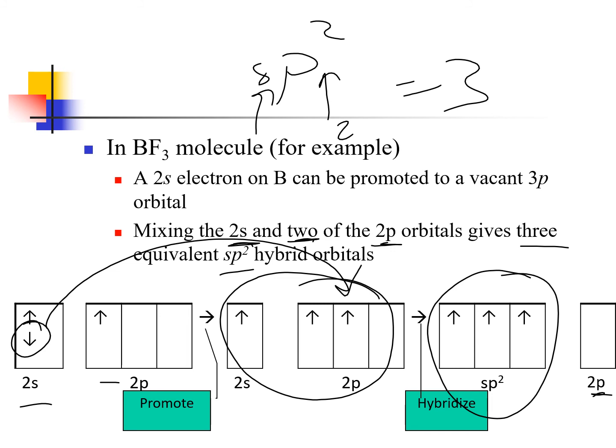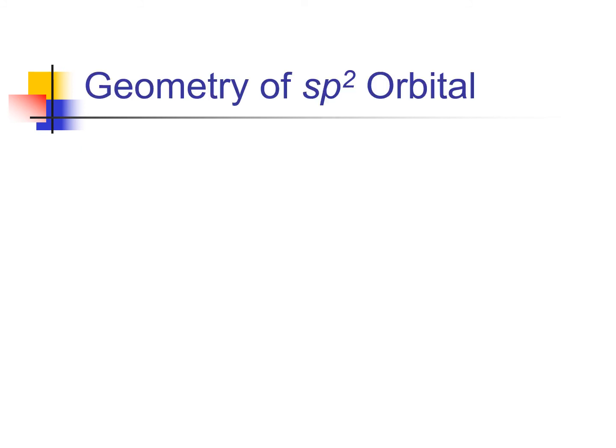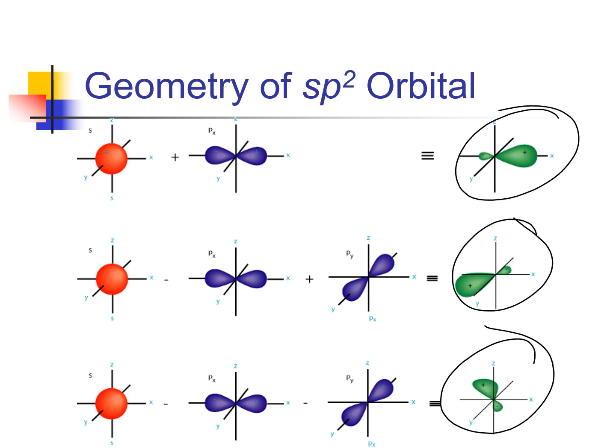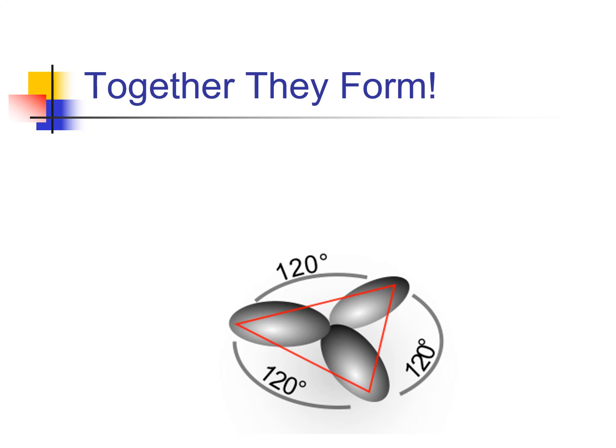Now, when you have sp2 orbitals, that's 3 orbitals mixing together, a single s and 2 p's, hence sp2. You're going to get 3 shapes off of this, 3 different angles. That looks confusing. Together, it looks like this, 120 degrees. Where have we seen 120 degrees? Oh, that's right.